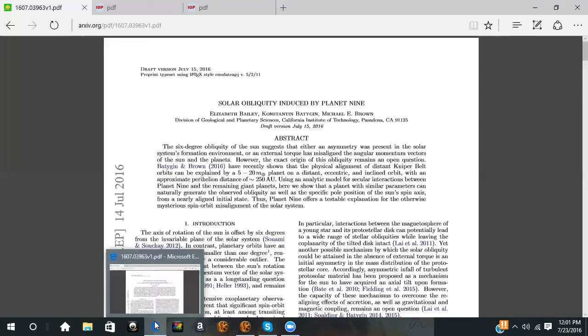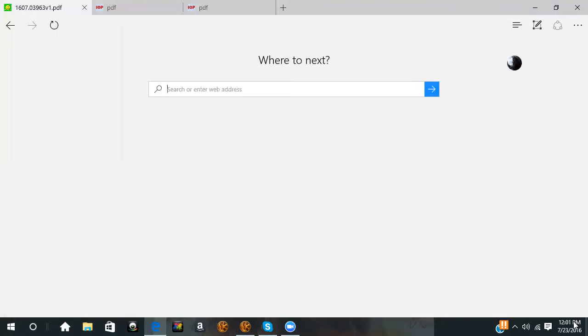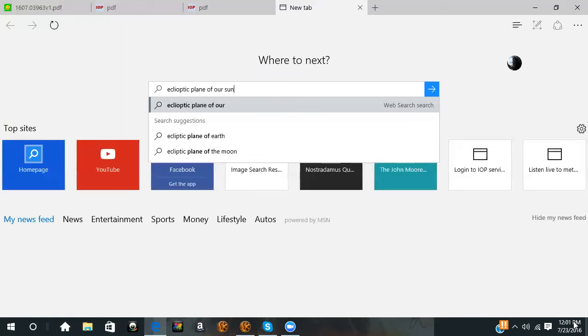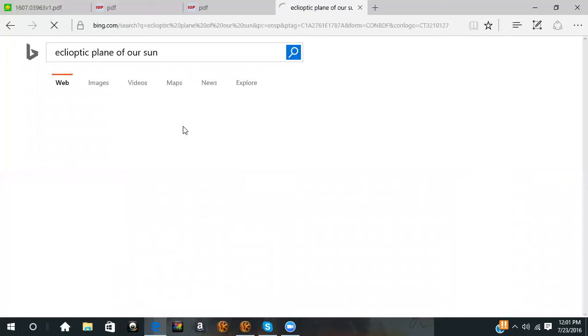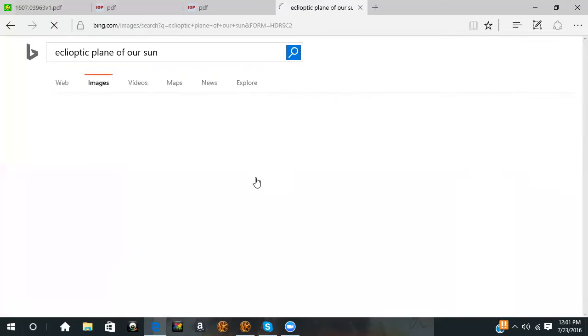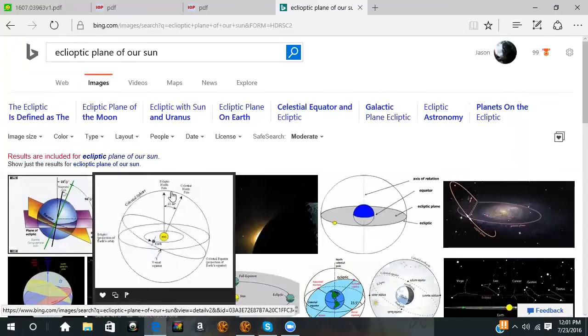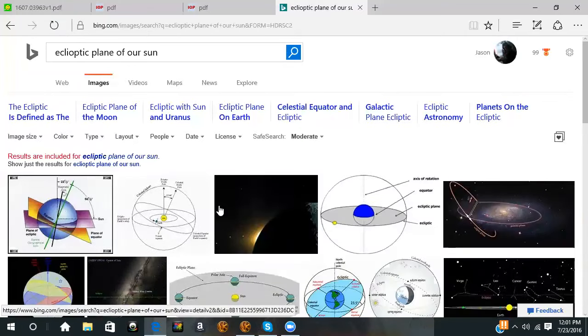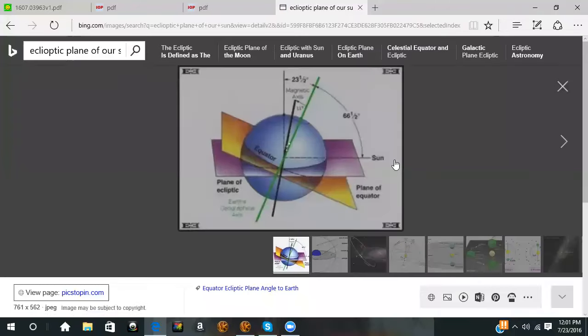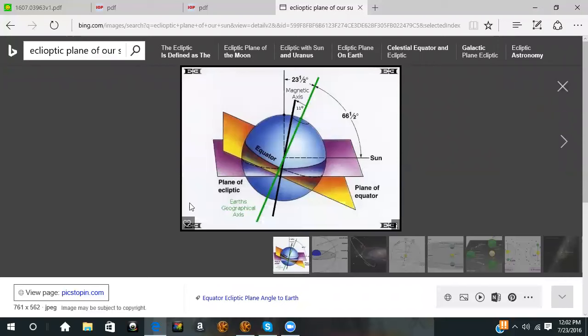So I can bring up the plane of the ecliptic real quick here, and give you an idea. This is pretty good pictures of it, I guess we could use. So we use this one. Just the flat plane would be the ecliptic.